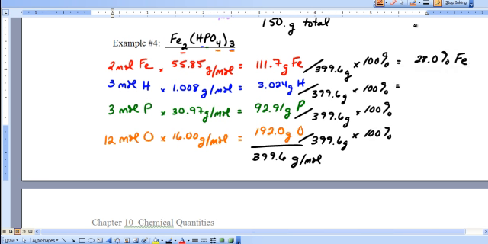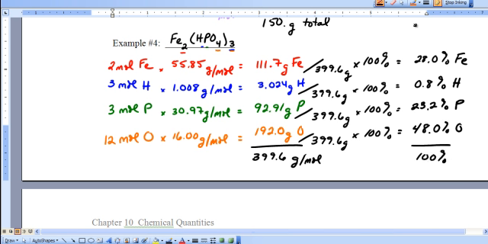The hydrogen is a mere 0.8%. The phosphorus is 23.2%. And the oxygen is 48%. And if you add those all up, you do get 100% total, as you pretty much should.